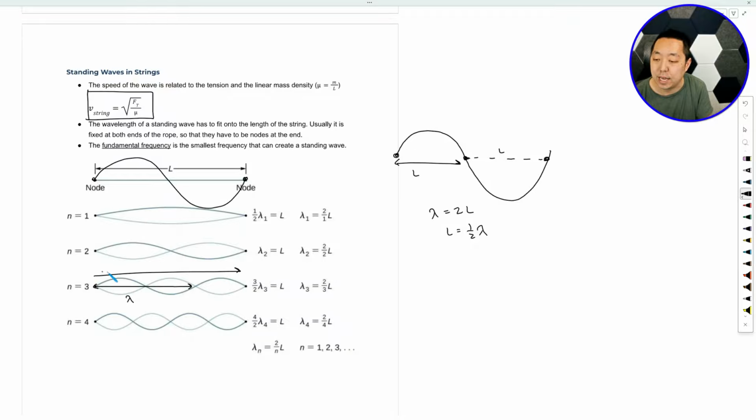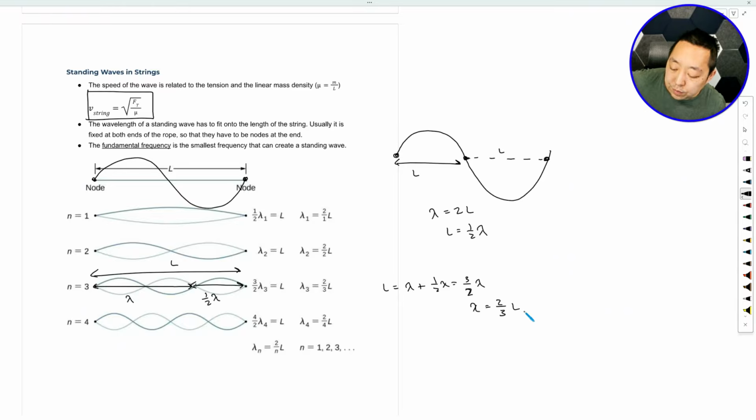Well, L is like 1.5 wavelengths here. L equals lambda plus 1/2 lambda, because this is half a wavelength. If this is one wavelength, because it's just one cycle, then that's an extra half. That would be 3/2 lambda. And so the wavelength there is going to be 2/3 L.